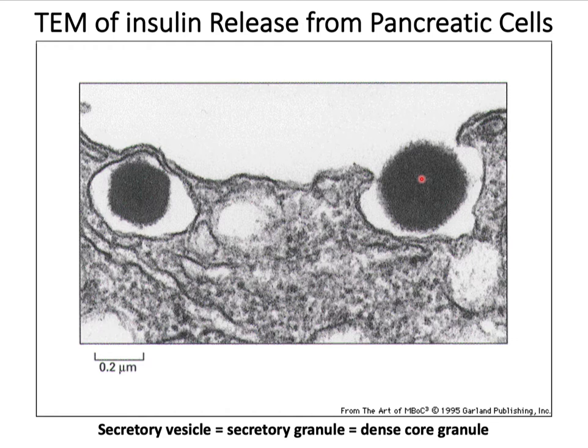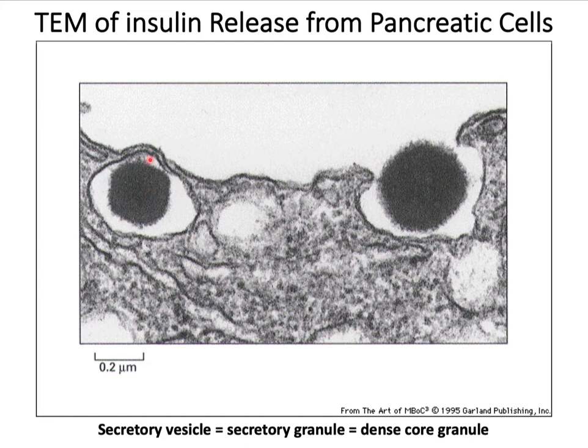This very dark, electron-dense structure that you're seeing is insulin, because it is a protein and takes up the negative stain very rapidly. Sometimes the secretory vesicles are called secretory granules or dense core granules because their contents are usually electron dense, as you can see here, so they are very dark and very distinguishable by electron microscopy.